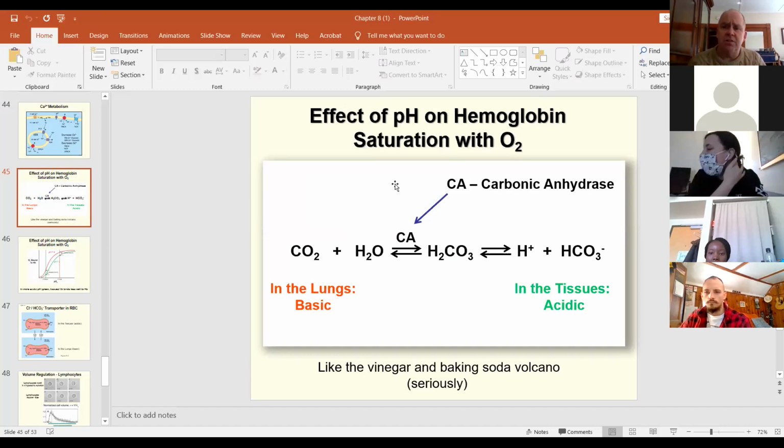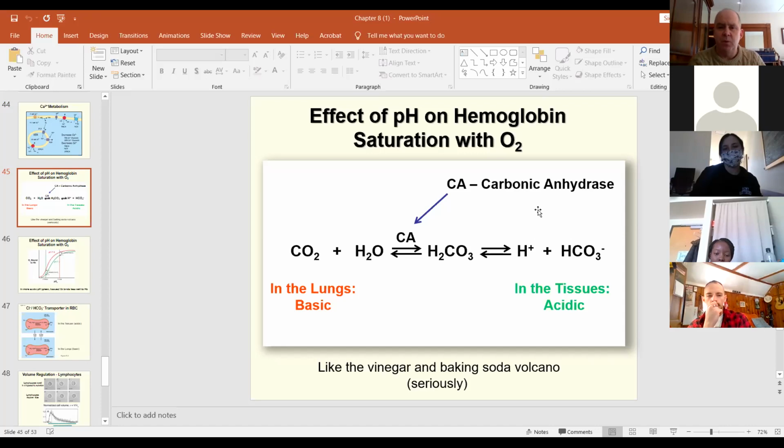Another thing that helps this to happen is hemoglobin's binding of oxygen is pH sensitive. So in your tissues, you're making a lot of carbon dioxide, and carbon dioxide will combine with water to form carbonic acid and then dissociate into hydrogen ion and bicarbonate. So in your tissues, you've got a lot of hydrogen ion around, and this bicarbonate is how most of your CO2 is going to go to your blood.